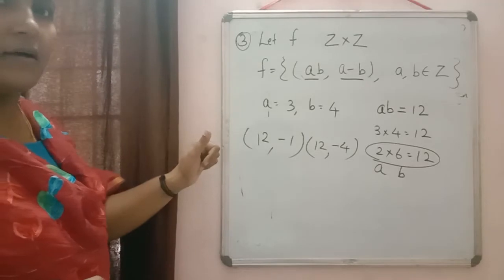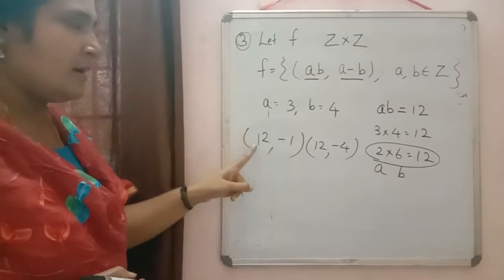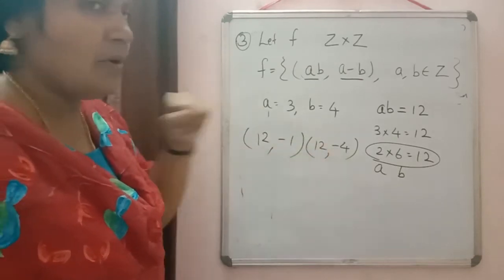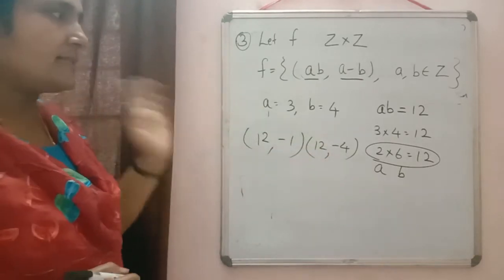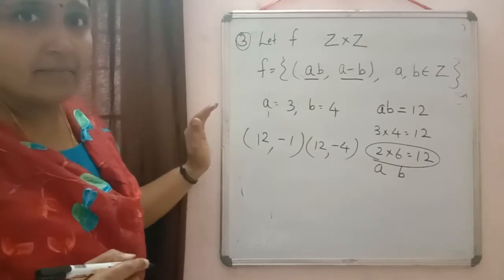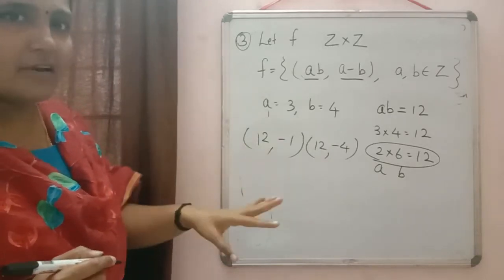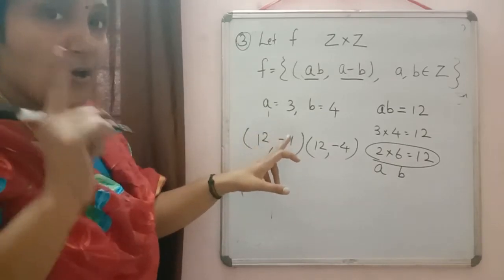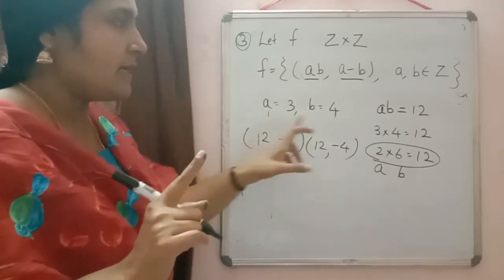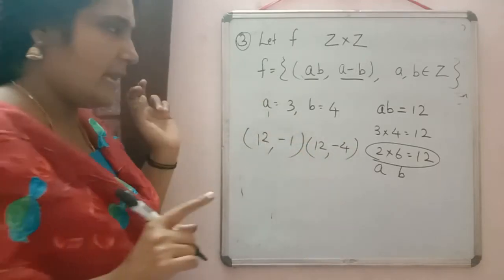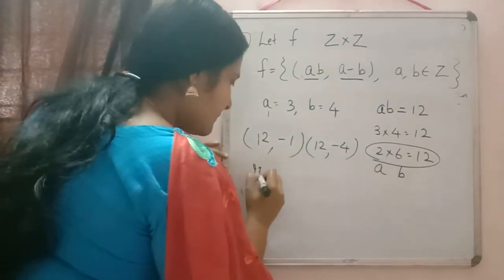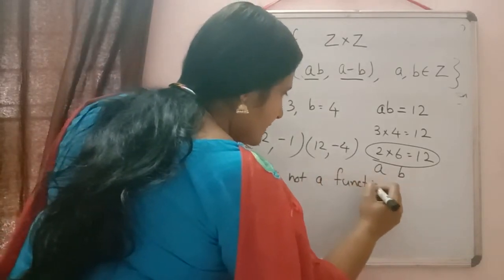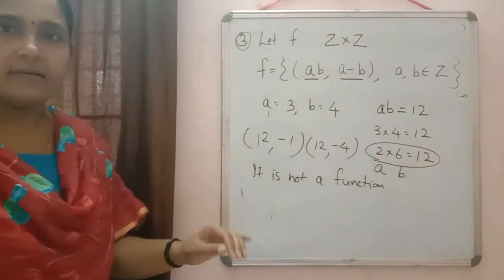Correct? So we are getting 12 related to minus 1 and also 12 related to minus 4. So this is not a function, because according to the definition of function, the first element should be related to a unique element. It should not be related to two different elements. So just write down: it is not a function.